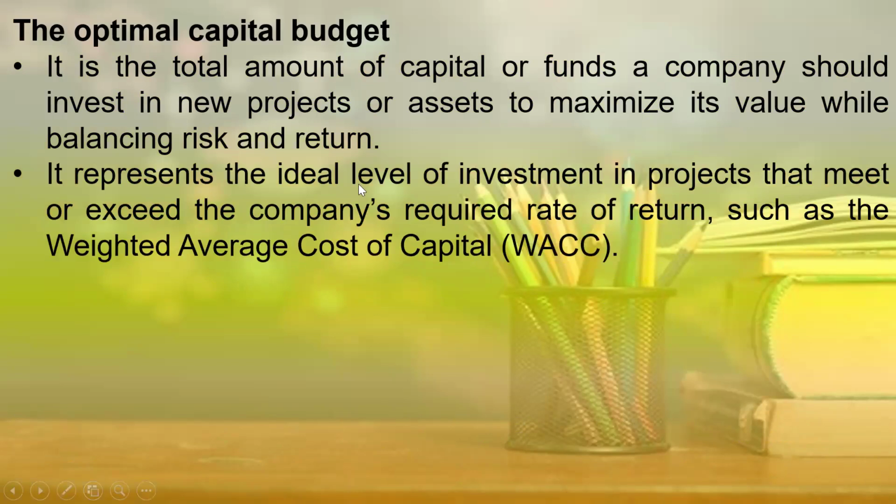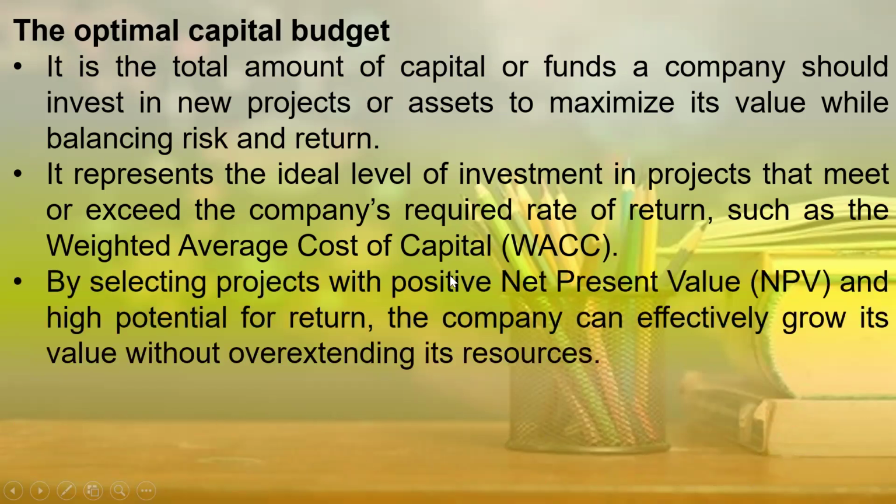It represents the ideal level of investment in projects that meet or exceed the company's required rate of return, for example, WACC or weighted average cost of capital. So this means that the project's return should be higher than the company's required rate of return, or you can say higher than weighted average cost of capital.